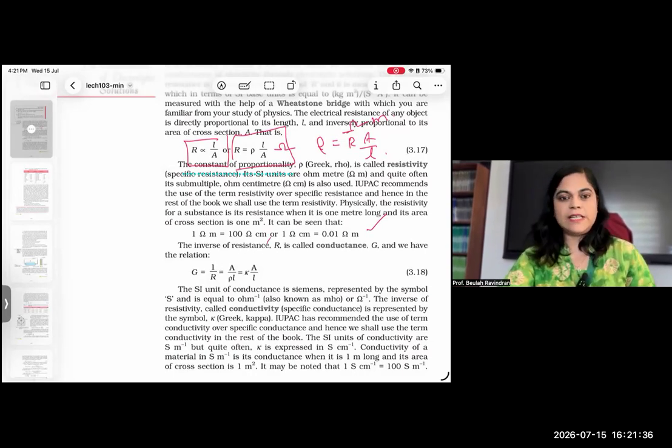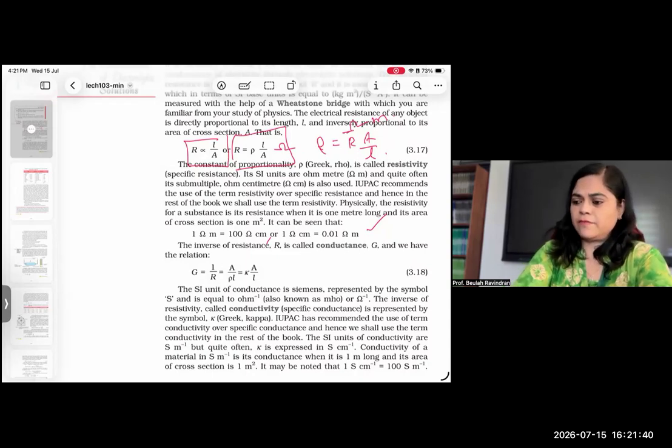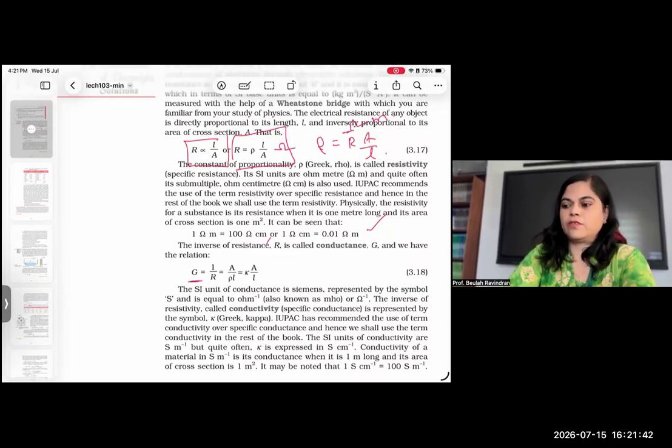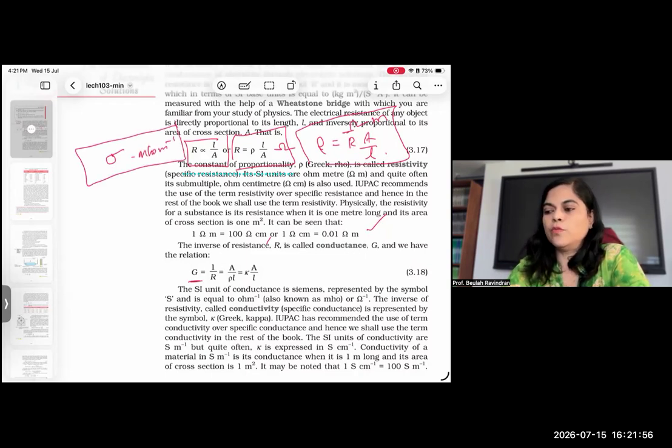Okay. Then we'll see conductance. In your book, it is given as G, conductance. In physics, you have studied about sigma, right? Instead of ohm, it is mho per meter.